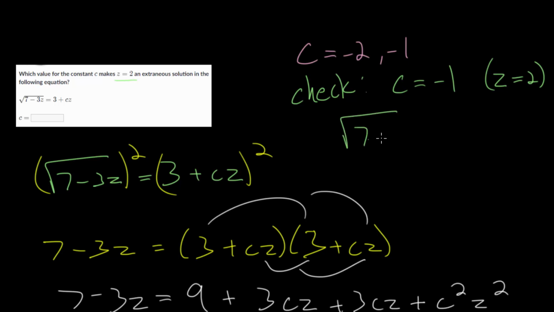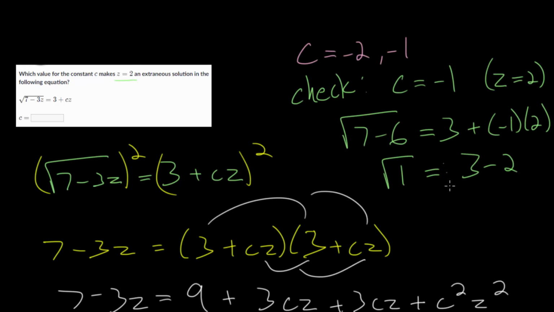So we get the square root of 7 minus 3 times 2, which is 6, is equal to 3 plus cz, so minus 1 times 2. And on the left-hand side, we get the square root of 1. And on the right, we get 3 minus 2. And so the square root of 1 is just equal to 1. And on the right, we get 1. So when c is -1, this is actually a solution when z is equal to 2. So this one's okay. That's not extraneous.